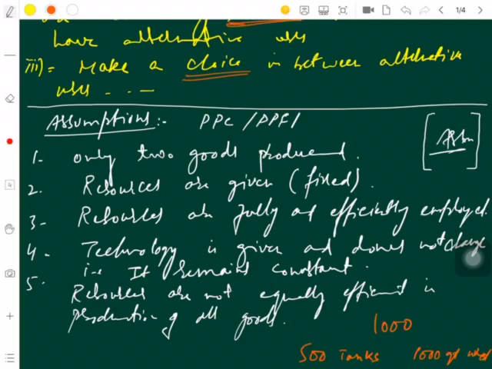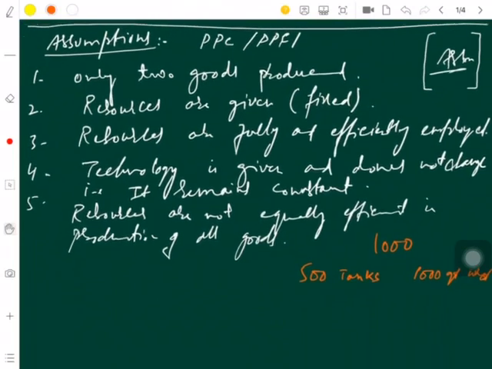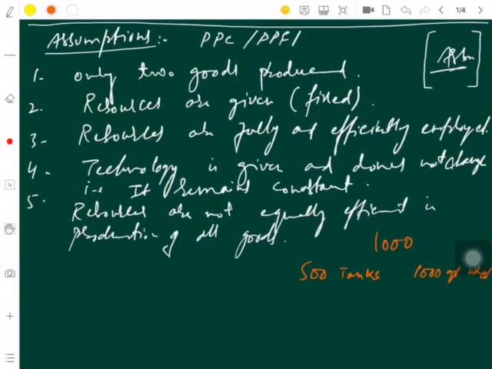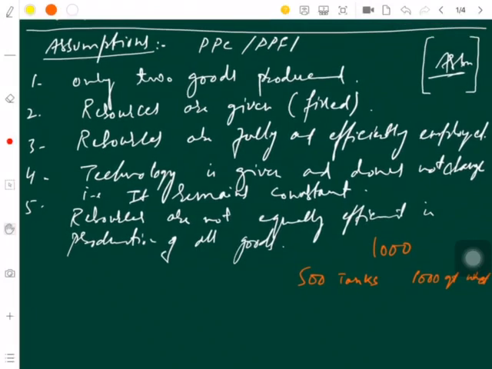After understanding the assumptions within which we have to work, we got to know that we have to use resources in such a way so that we may produce what is required. In order to increase the production of tanks, we will have to decrease the production of wheat.